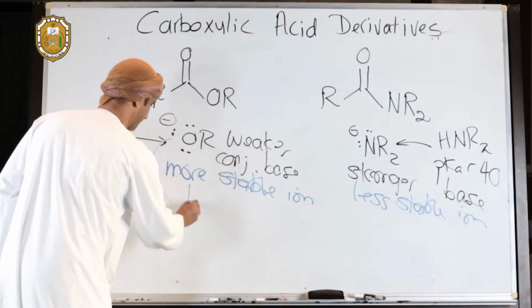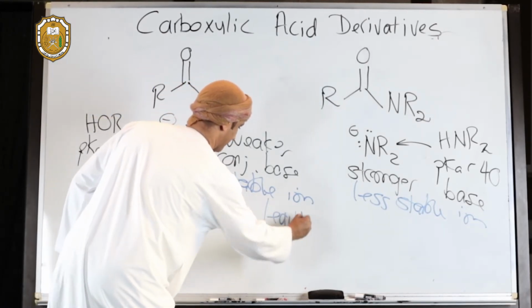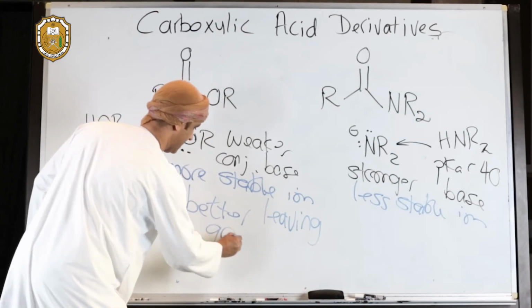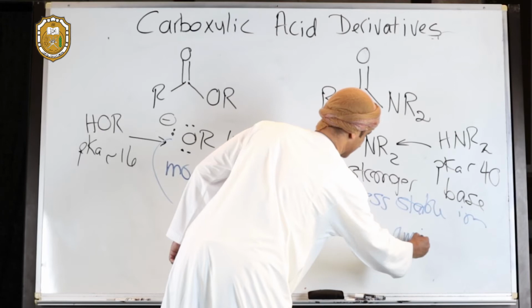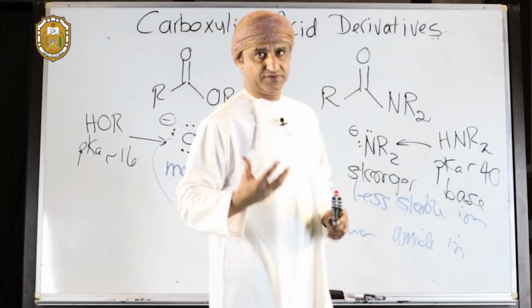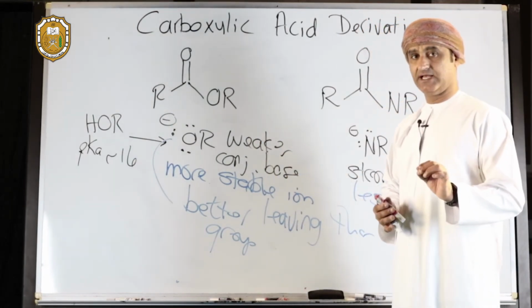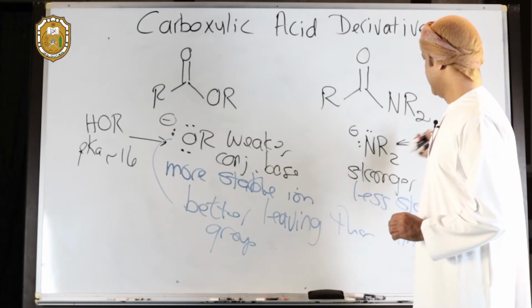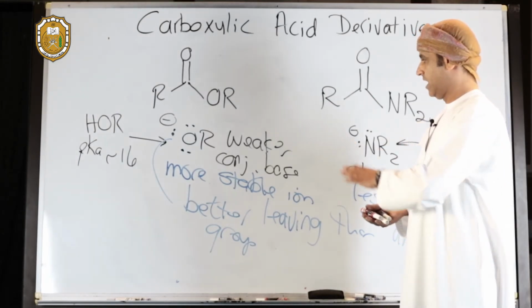So the alkoxide ion, therefore, is a better leaving group than amides, of course, than the amide ion. So in terms of leaving group ability, therefore, esters contain a better leaving group than amides. Esters contain an alkoxide ion, which is a weaker base.